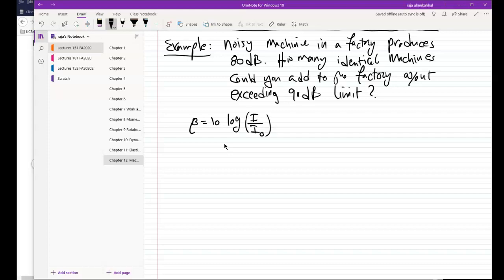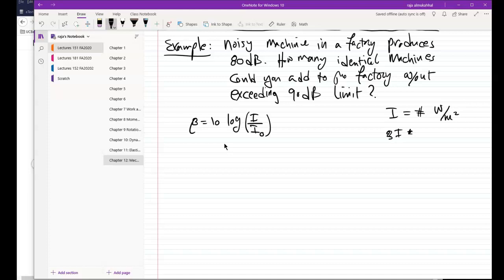If I have a machine that produces a certain sound intensity I, some number of watts per meter squared, and I bring in another identical machine, the total intensity is actually doubled. So in other words, if this is I, and I add another machine, it's going to be 2I. A third machine is going to be 3I, and so on.